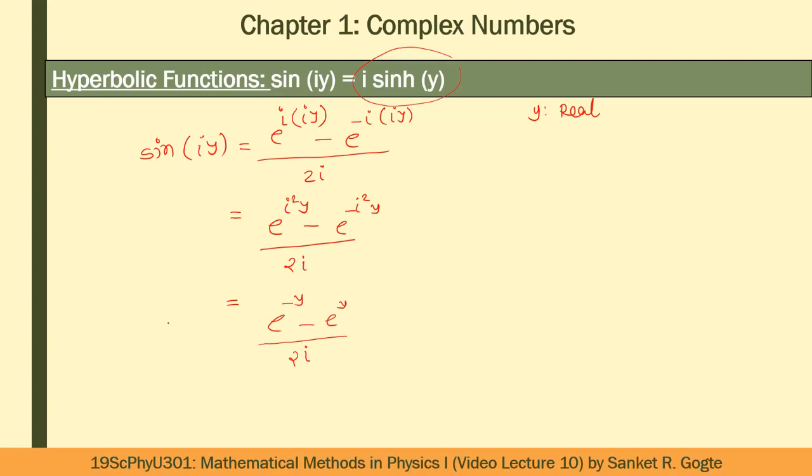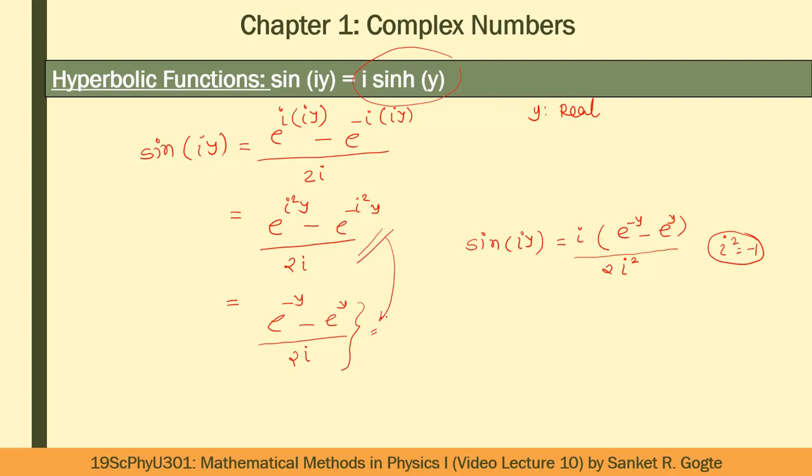Now to go further, I'll multiply and divide by i. So sine iy is equal to i into e to the power minus y minus e to the power plus y divided by 2i square. But remember that i square is equal to minus 1. This is the fact that we have used to get this equation from the previous one.